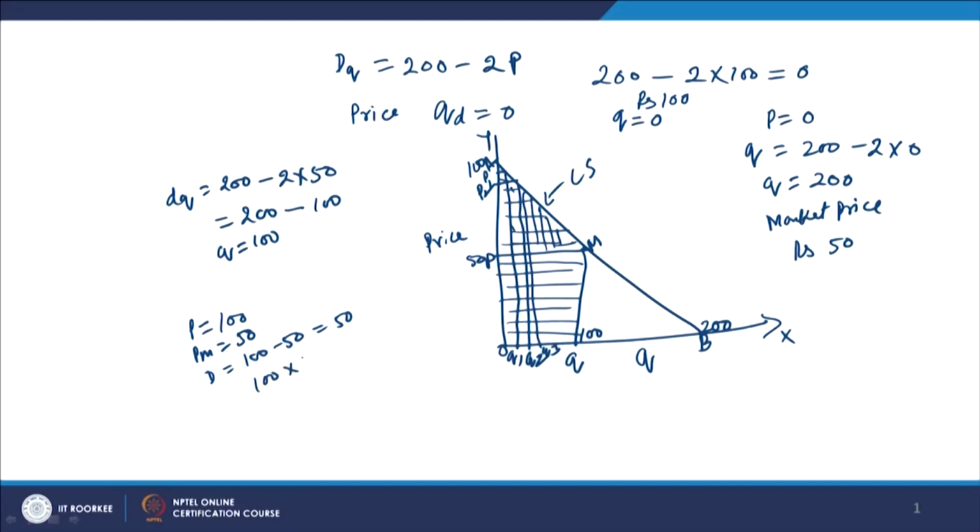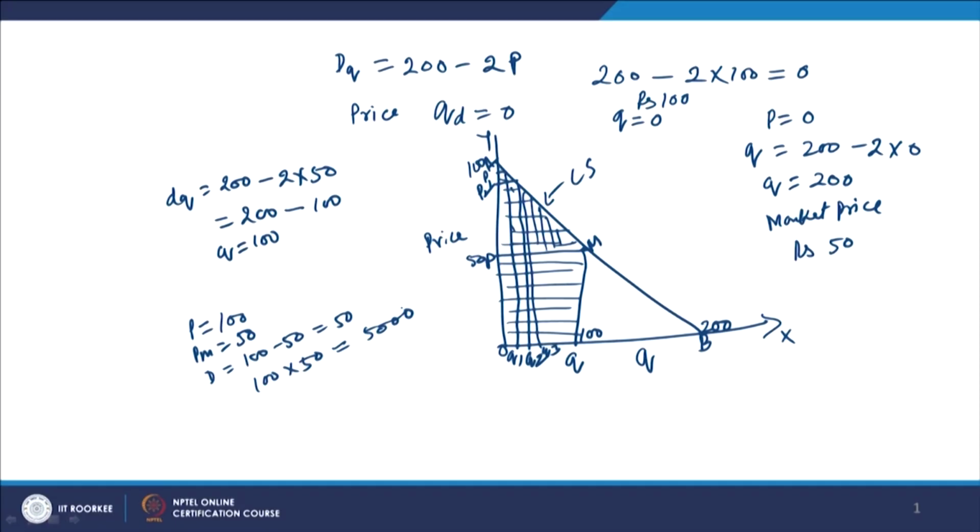So, market price 50 multiplied by 100 is the total amount being spent by the consumer on the commodity.